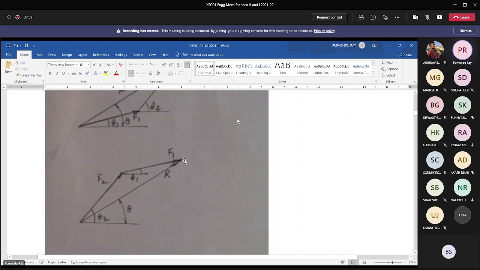There may be infinite solutions, but how do we get one unique solution? By fixing a particular angle. We need this angle. So side A plus side B plus angle C.